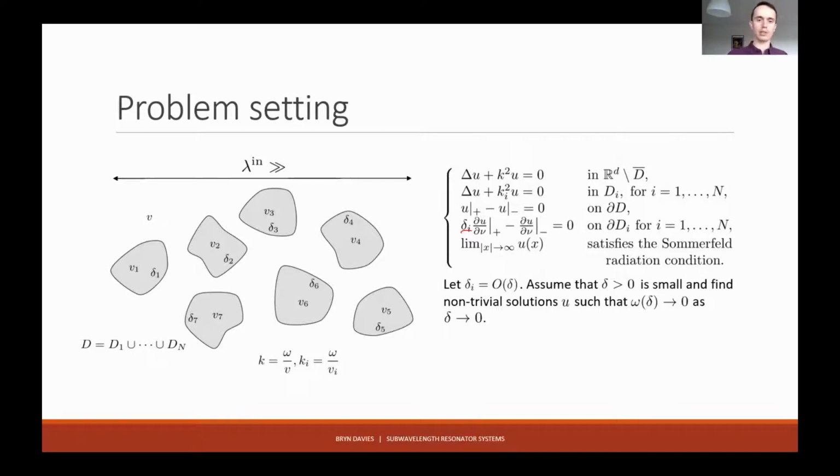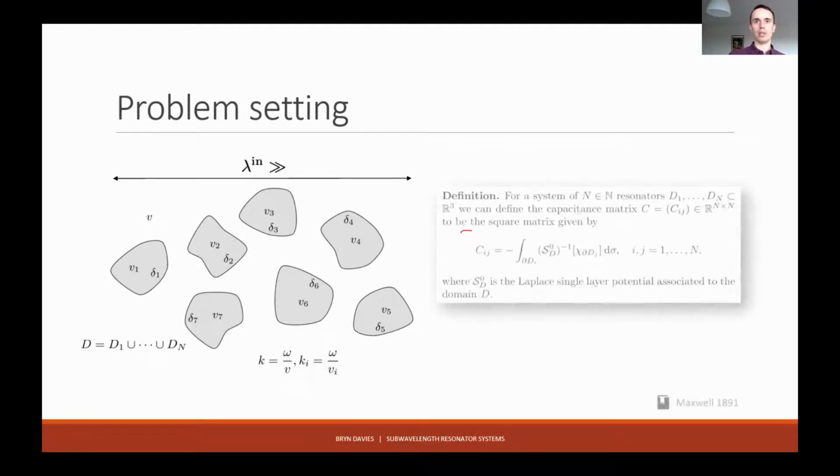And in addition, we're able to use this approach to understand the near field behavior of a system of resonators with fixed position and size, which is not the case if you start to do asymptotics in terms of the position or size of the resonators.